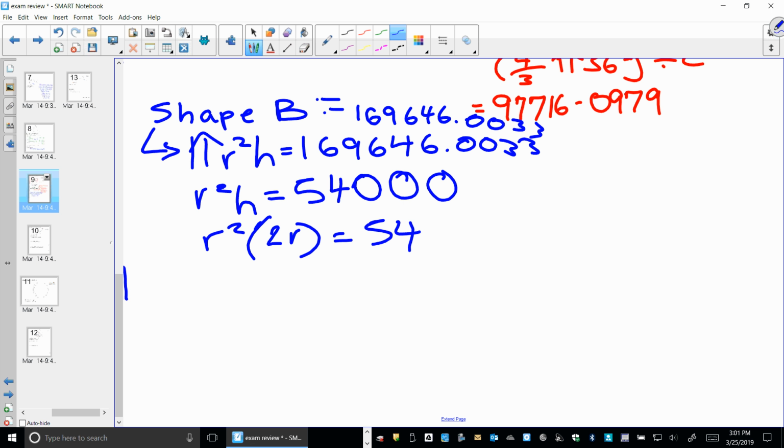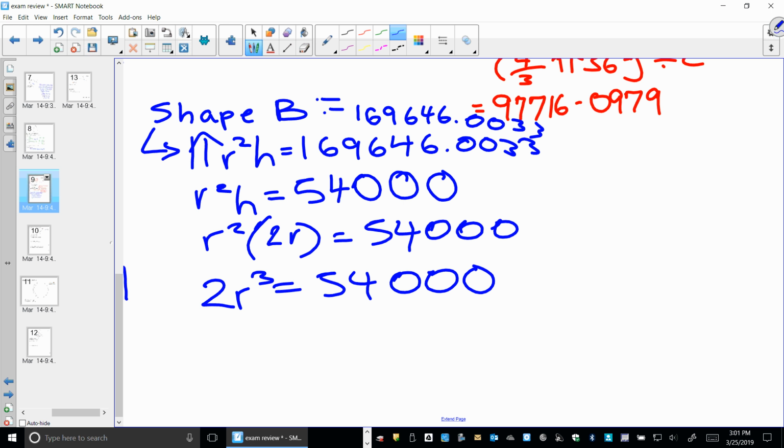And still have... And then... So how do we simplify 2r multiplied by r squared? Nice. And then, r.